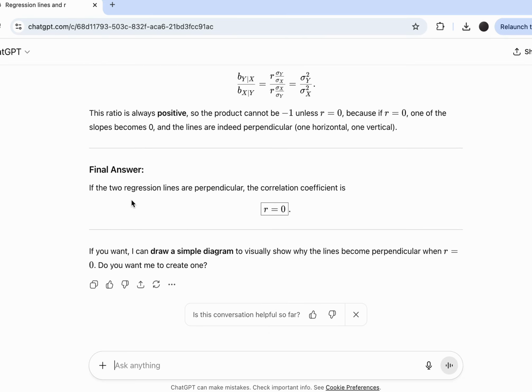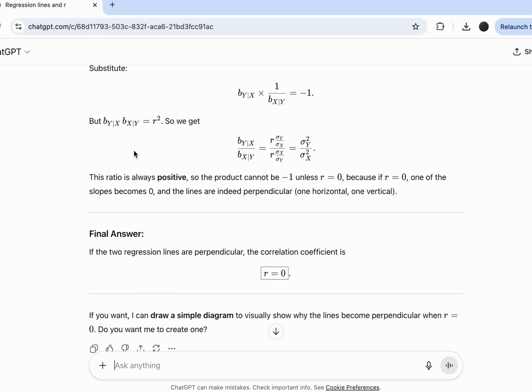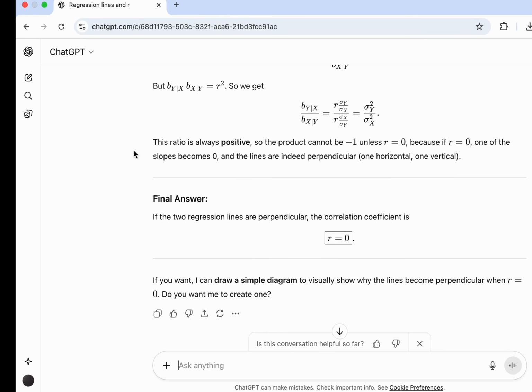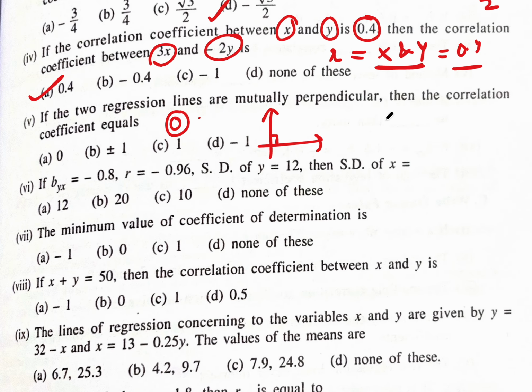Simply because, if this is my x and this is my y and they are on an xy plane, an increase in x does not bring an increase or decrease in y.